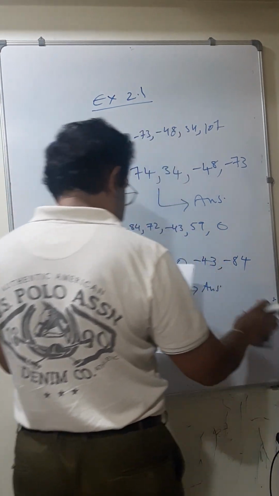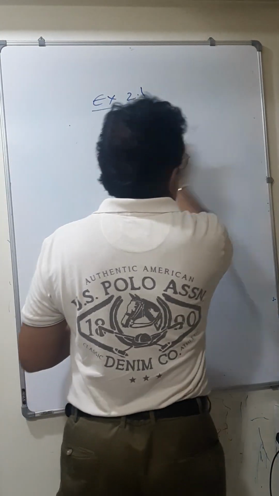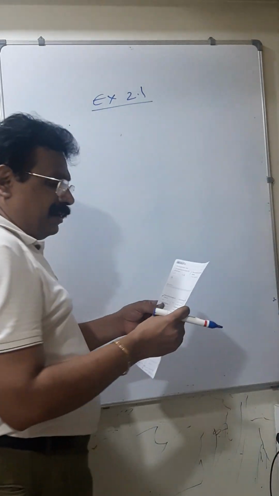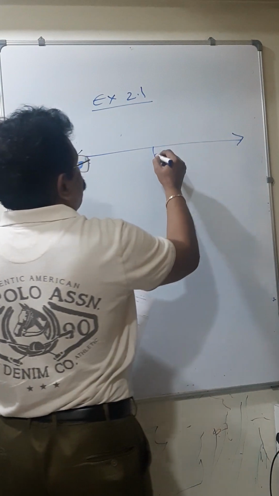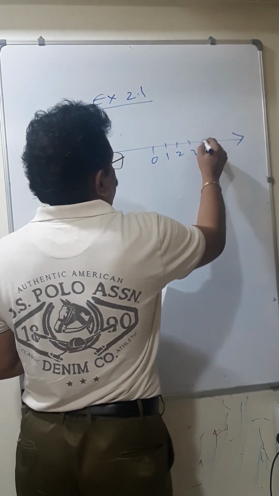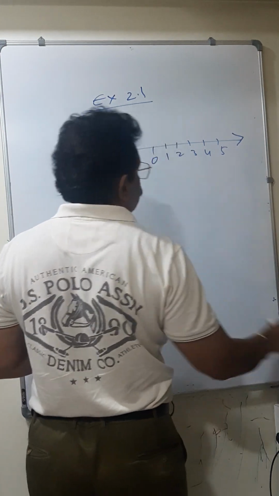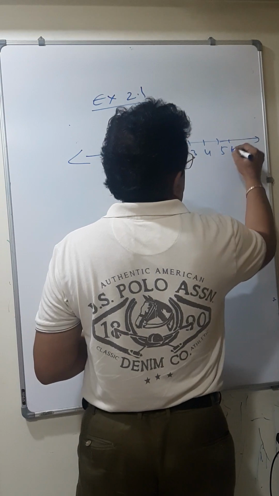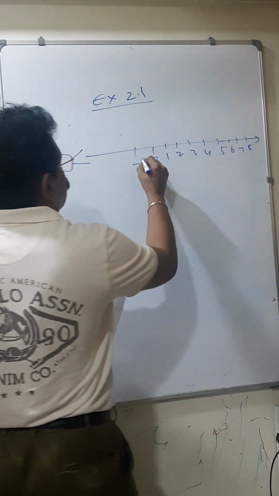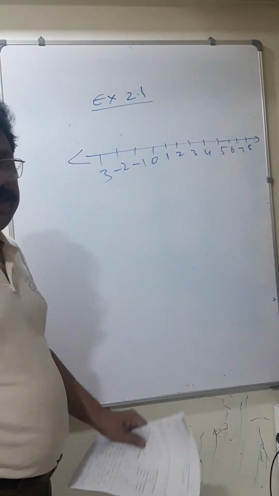Now 8th question. Using the number line, write the integer which is 3 more than 5. Okay. So, 3 more than 5.